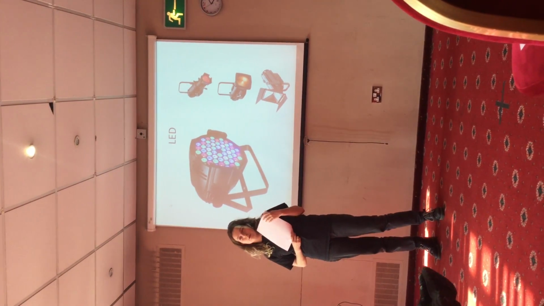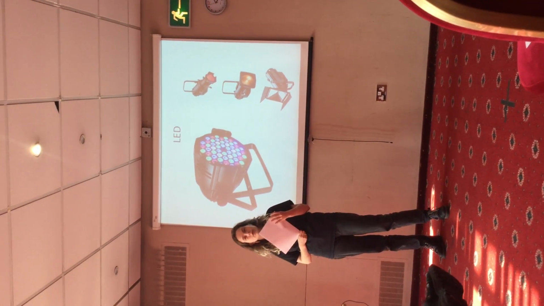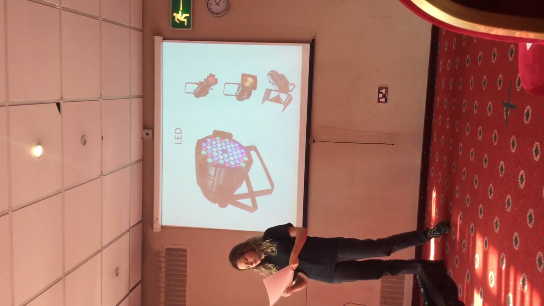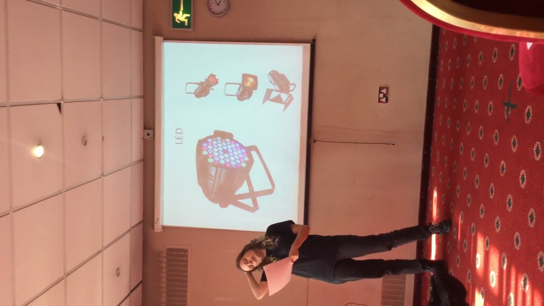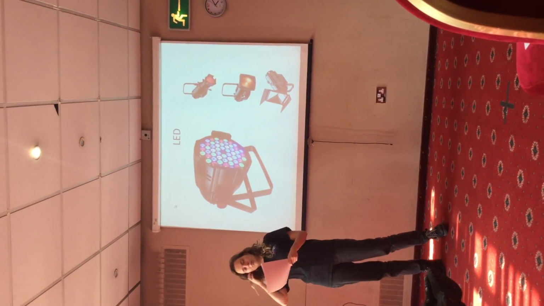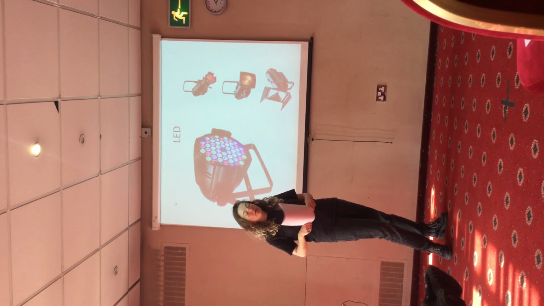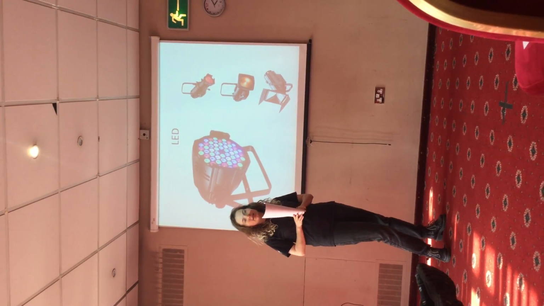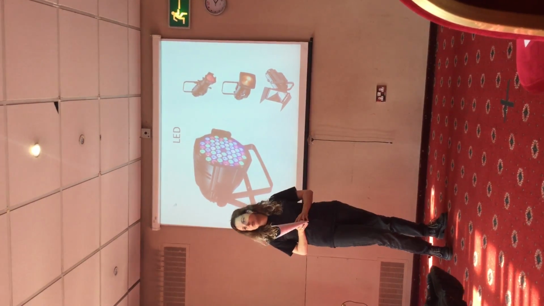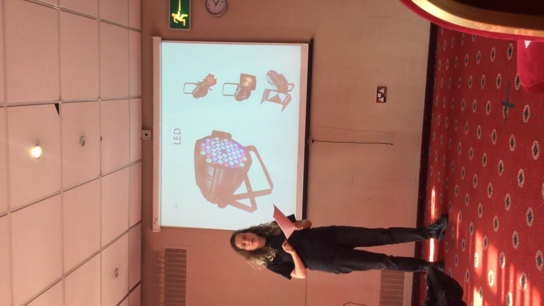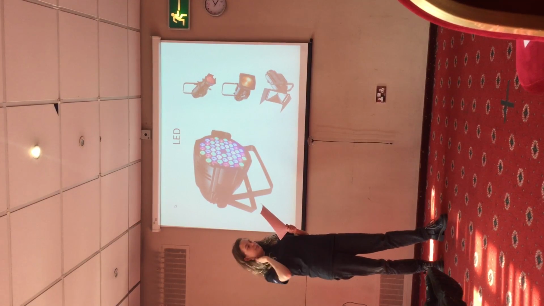Although obviously for a theatre rig this wouldn't be that great, but for an event or something like that it's really useful. The colour mix you can do on them is really interesting. Although some lighting designers argue they still prefer tungsten bulbs for the effect they can give and the hot point that you can get with tungsten lights.